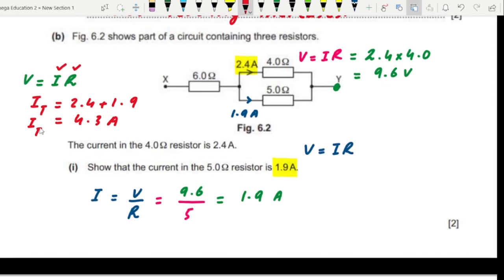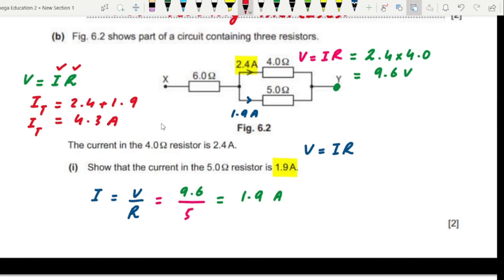This is the total current passing between the points X and Y. If you analyze this, 4.3 was coming from here, at this point it was divided into 2 parts, but as it reaches this point, it combines again and the total current is 4.3 once again.